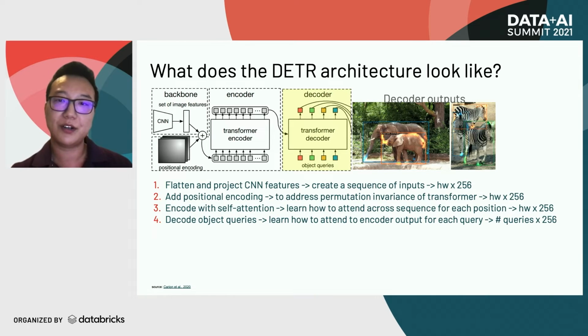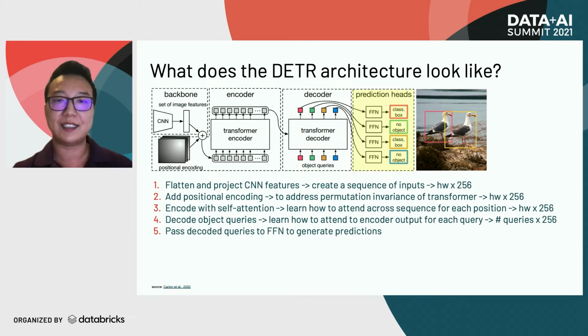So the decoder is basically learning how to attend to the outputs of the encoder for its class predictions. And then finally, the decoded output gets passed to prediction heads that generate the bounding boxes as well as the class predictions. And the class prediction can be no object if there doesn't seem to be anything meaningful in a particular object query.